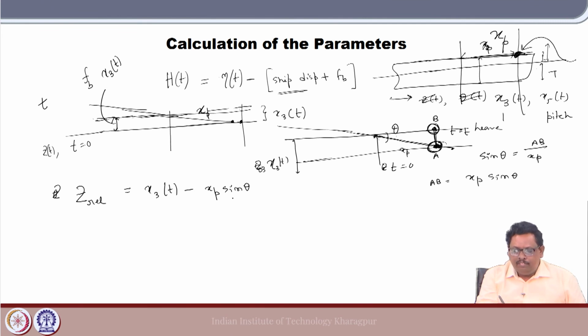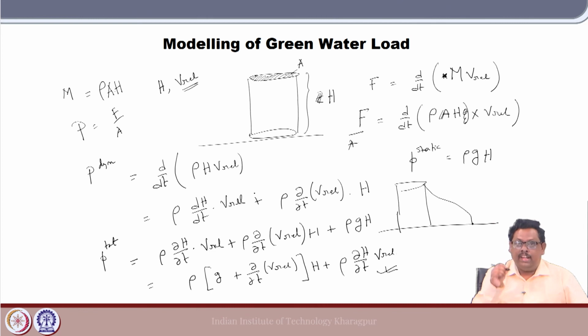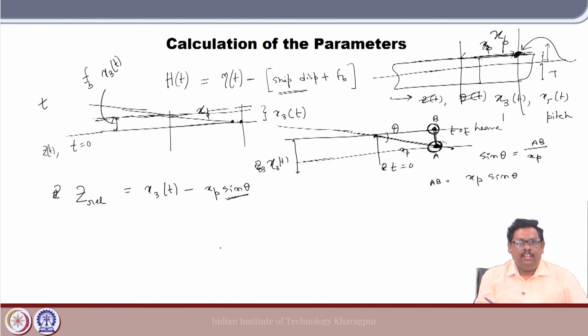Now, I assume that this theta is small, because otherwise, if I do not assume theta is small, I cannot write g over here; I have to write g cos theta. Here you can see that it is slanting, so the component of g that is acting is g cos theta.